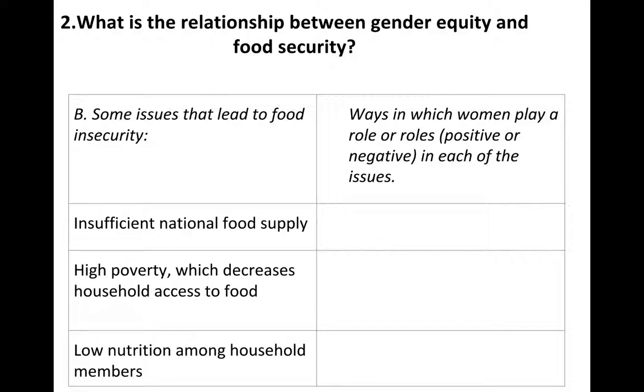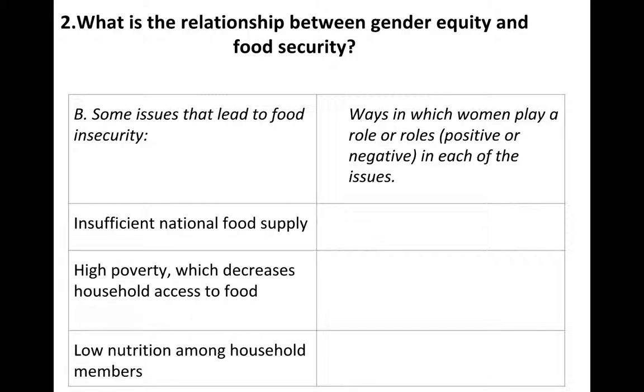And let's just keep it on a regional level. Insufficient national food supply, high poverty, which decreases household access to food, and low nutrition among household members. Think about ways in which women can either positively influence these issues or negatively influence these issues.